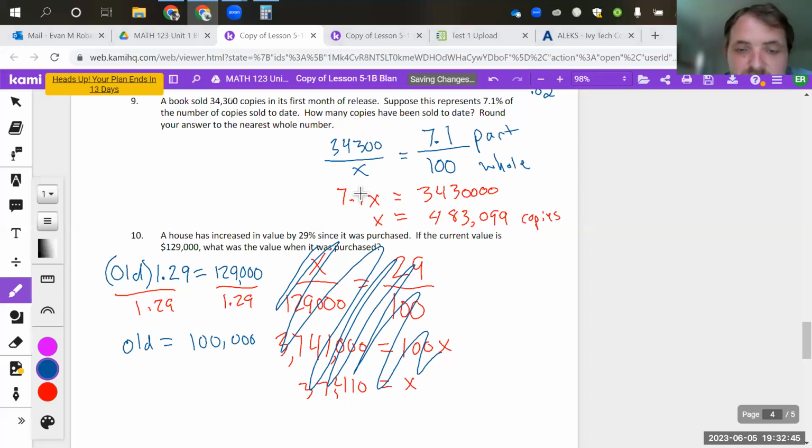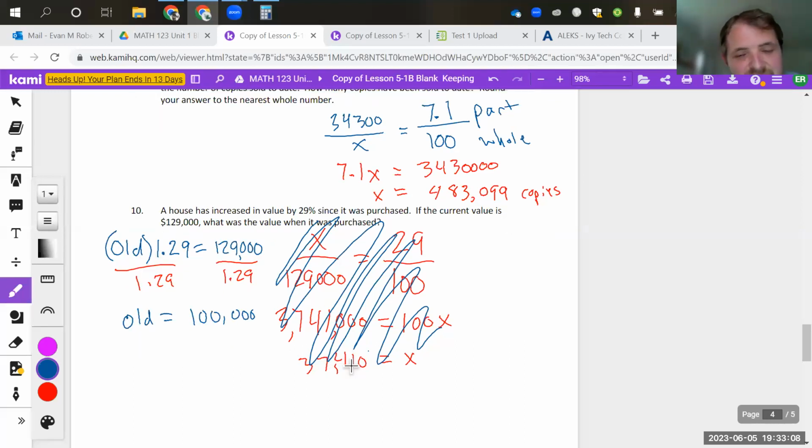I'm curious what people in the chat are saying. If you did it the way I was doing it, I was about to subtract that 37,410 from the new price and get what you got.